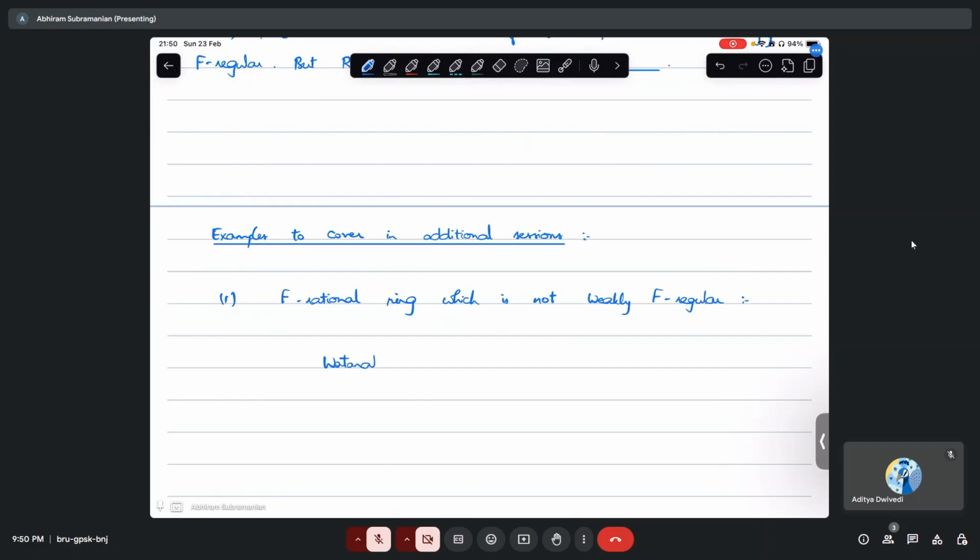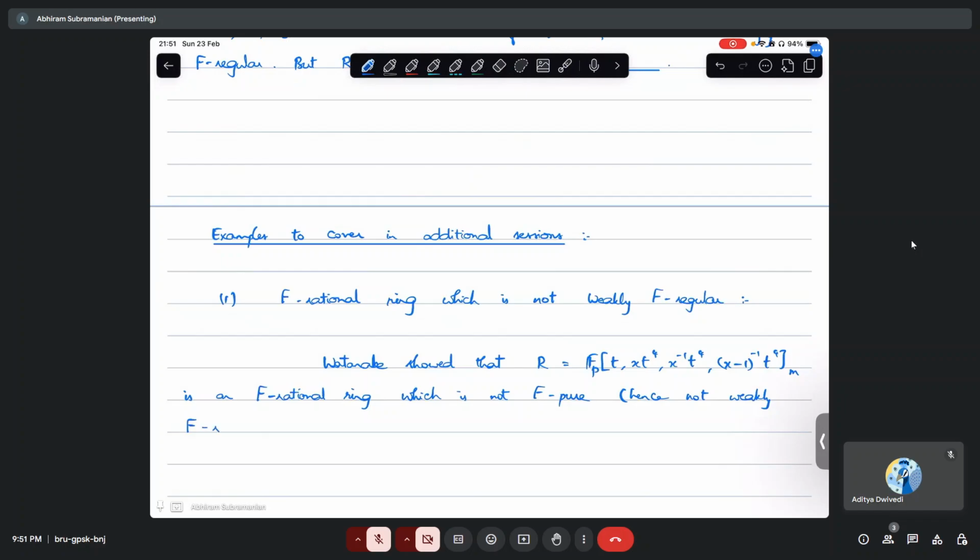Watanabe showed that R, which is F_p[t, x t⁴, x⁻¹ t⁴, and (x−1)⁻¹ t⁴], localized at M, is an F-rational ring which is not F-pure, hence not weakly F-regular.